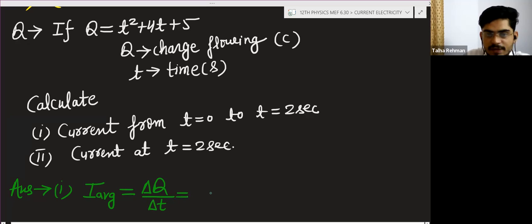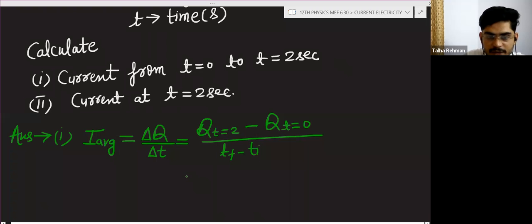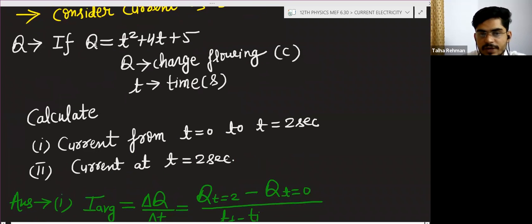So delta q means final charge, or charge at t is equal to 2 seconds, minus charge at t is equal to 0, divided by t final minus t initial. And here you have to put the value of 2 for calculating the charge at time is equal to 2 seconds.